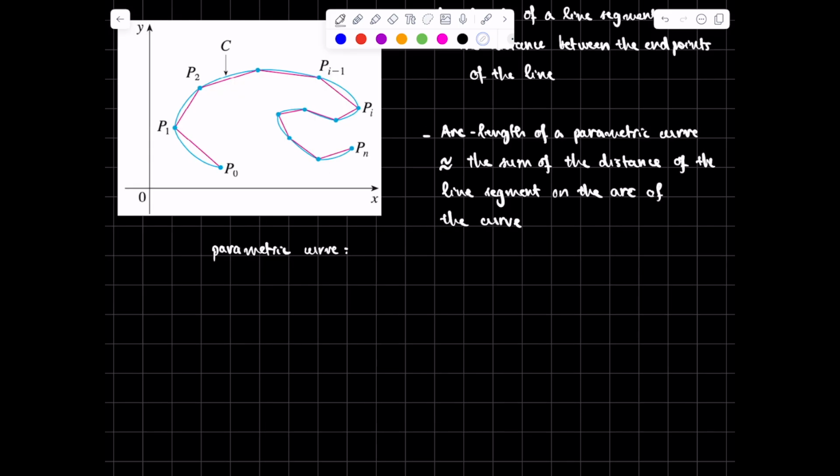So the parametric curve is of the form x equal to x of t and y equal to y of t for t between a and b. Here we have to assume that x of t and y of t are differentiable.